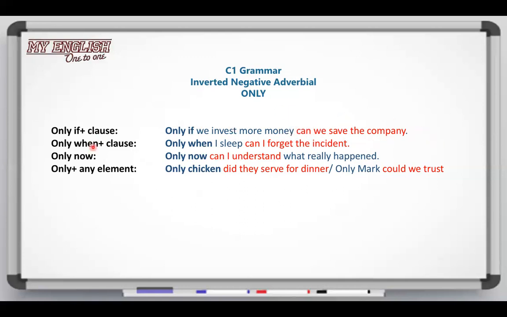Okay. Next, only when plus clause. So only when I sleep can I forget the incident. All right. Only when is the adverbial, and I sleep is the clause, and then we have can I forget the incident. Here is the inversion.